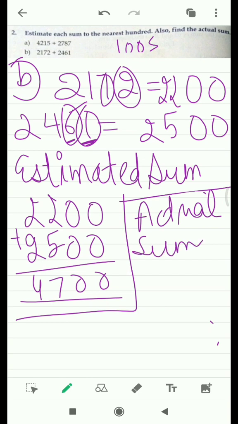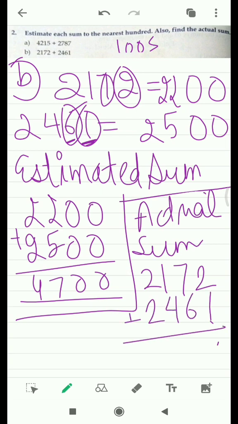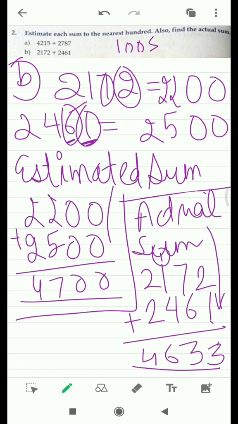For that you need to add these numbers as it is. It comes out to be 3,136 and 4. So this is your actual sum and this is your estimated sum.